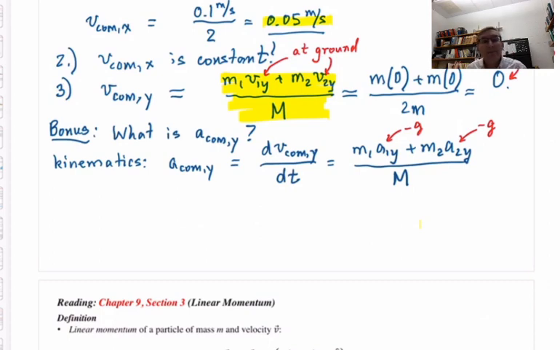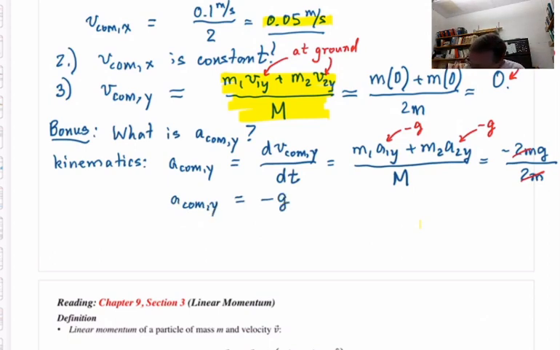So you plug that in. Now remember the masses are equal, so I'm just going to replace M1 and M2 with a little m. And what I'm going to have in the numerator is negative 2 little mg. And what I'm going to have in the denominator is the total mass, 2 little m. And again, the two m's cancel. And I'm left with the fact that ACOM-y component is just negative g.